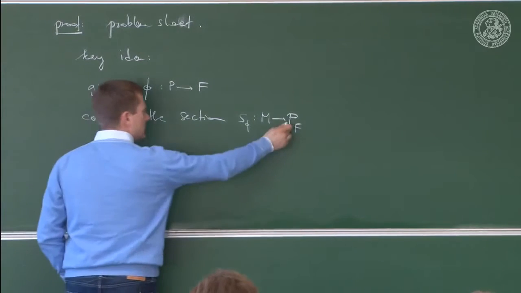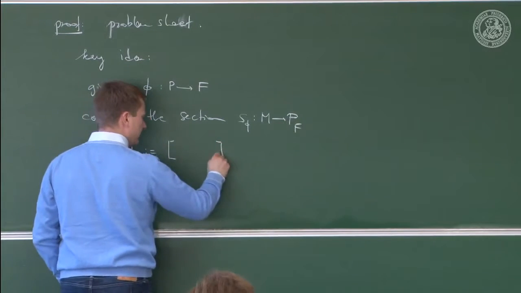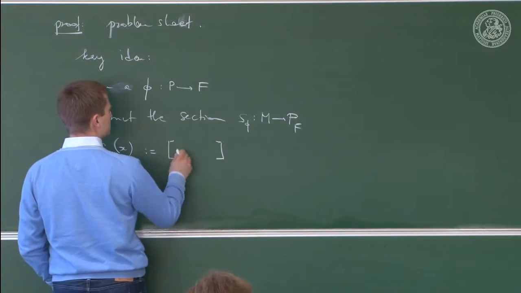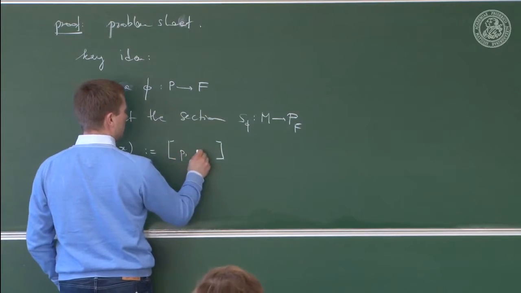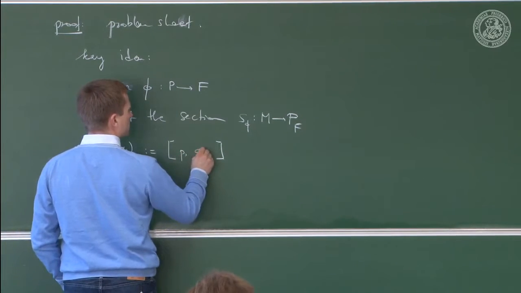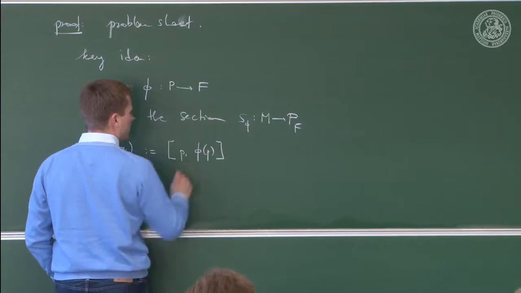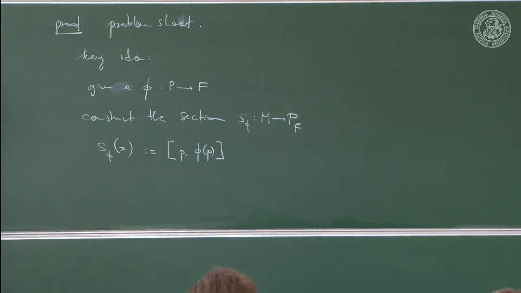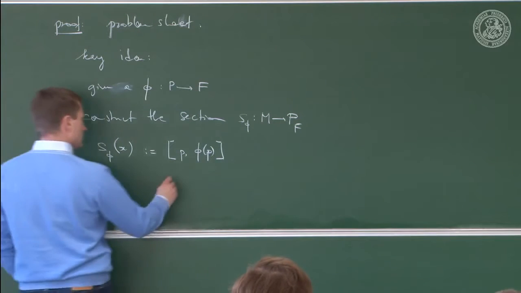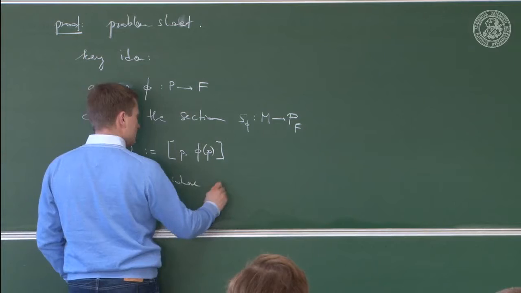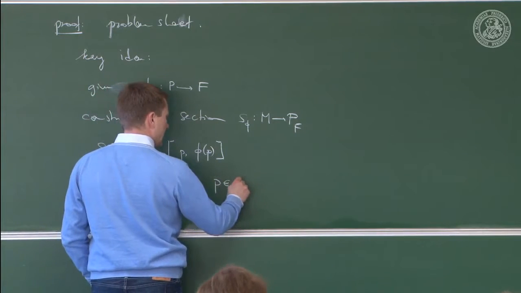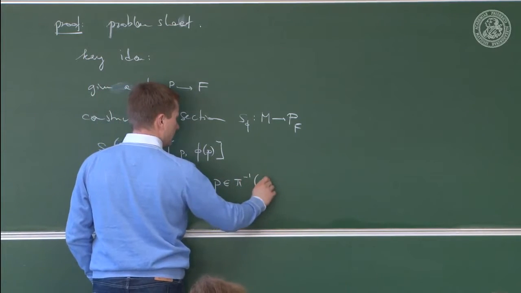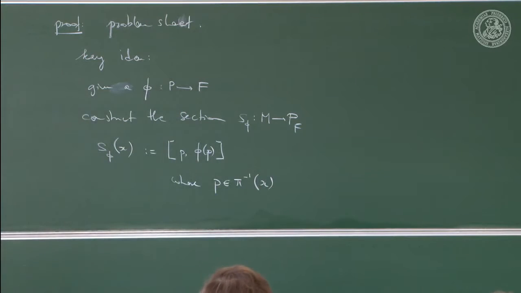Define this as, now we need a point in PF, and that will consist of P and phi of P, because phi yields an element in the fiber here, and you need to say what P is, where P is any element in pi inverse of x.